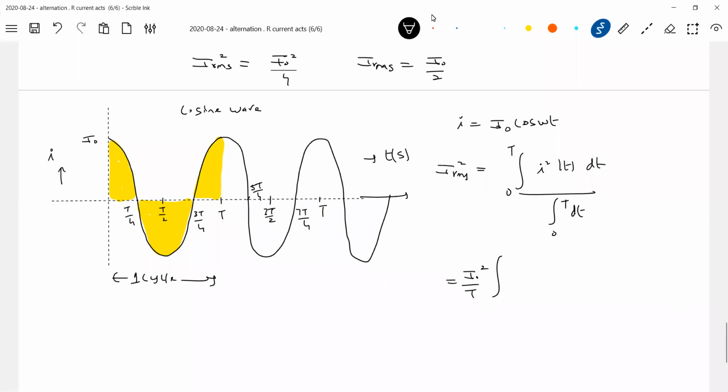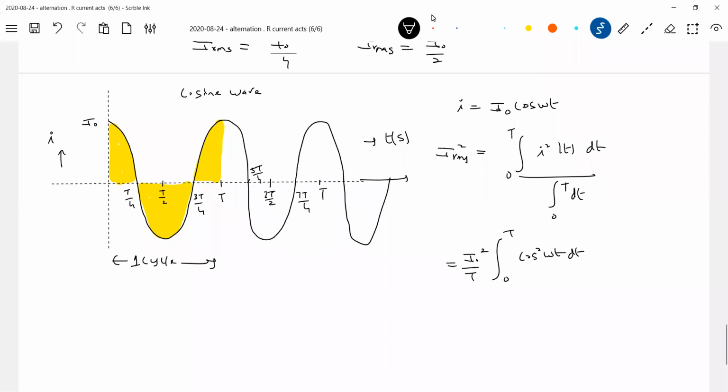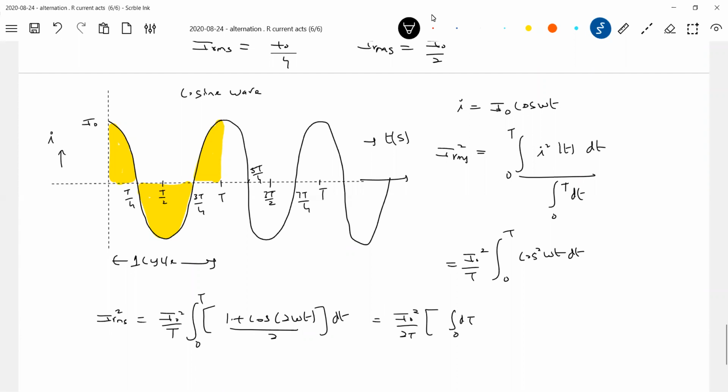So RMS square equals I naught square by T, cos square omega t, which is one plus cos 2 omega t over 2, integrated.